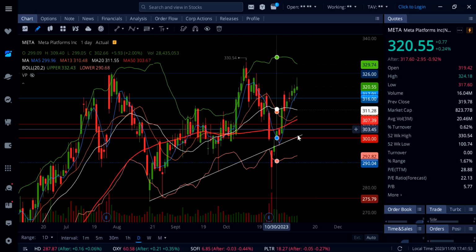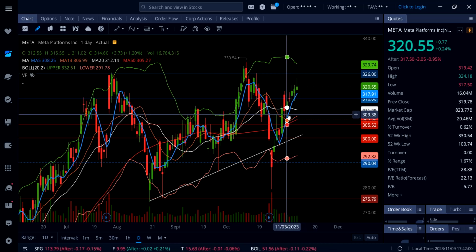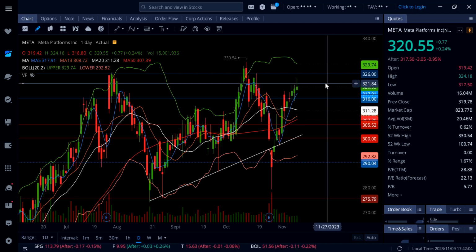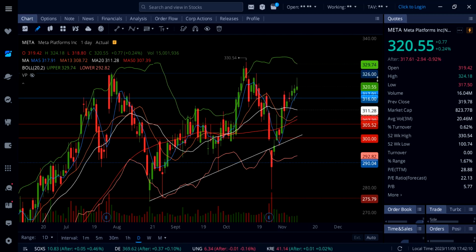As long as Meta is holding above, I would say 316 to 318, 5-day moving average right here, the next stop, definitely 326, and that can happen. We saw that today. The only thing we got, a huge rejection before hitting even 326.